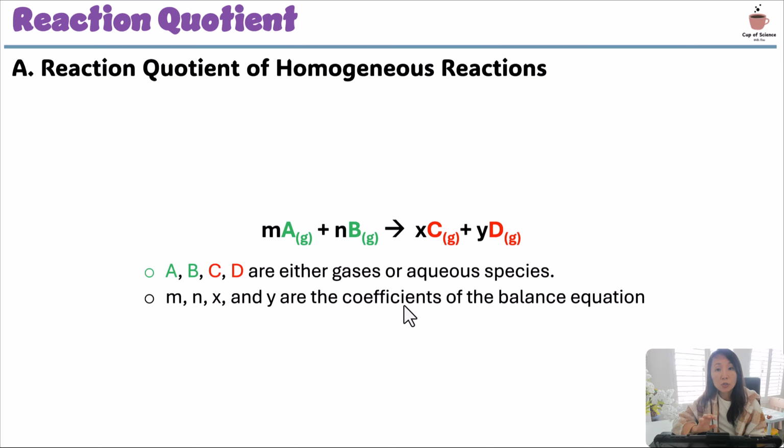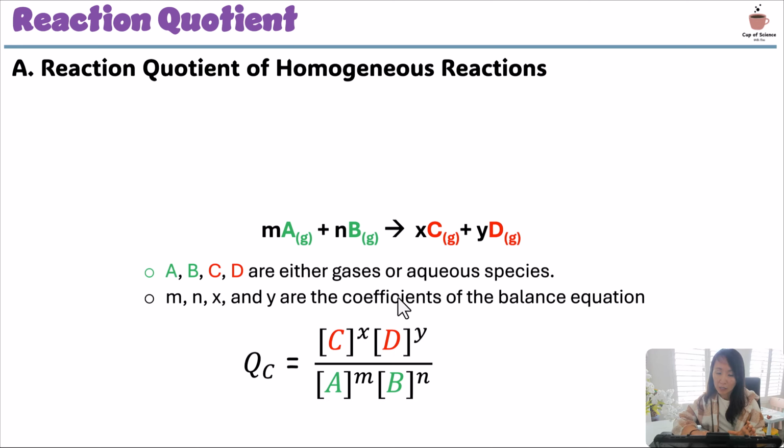In order to do a ratio between the product and the reactant, we utilize this particular equation, in which we have the product concentration on top, with an exponent that is represented by the coefficient, and then same here, the reactant is on the bottom.